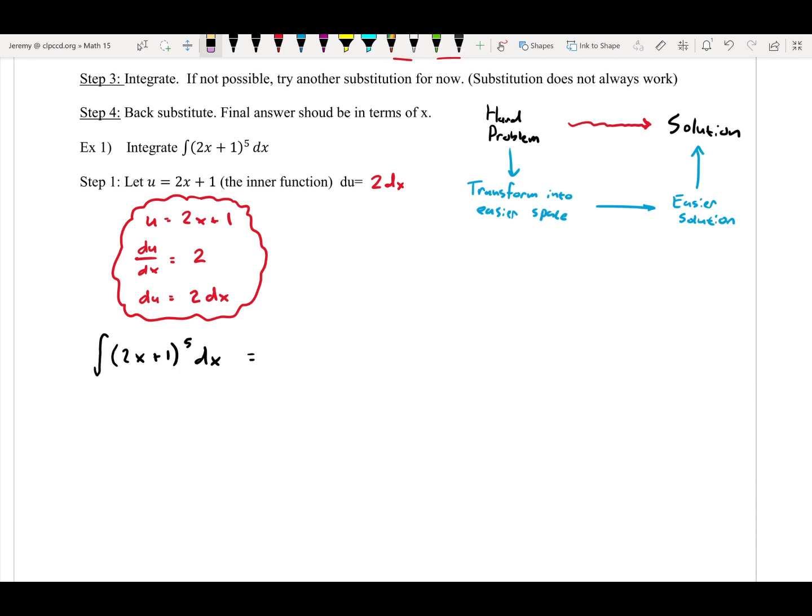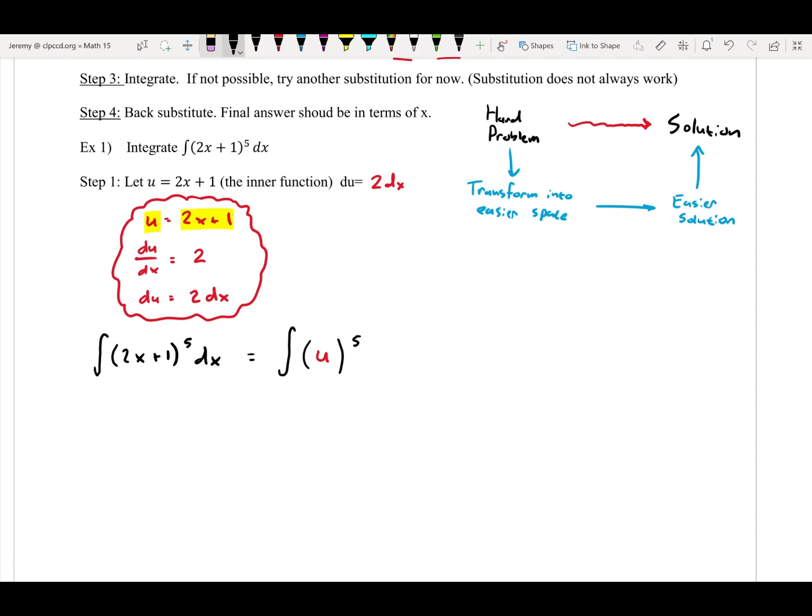So how do I write this all in terms of u? Well, u is just equal to 2x plus 1, and du is equal to 2 dx. So I can take this information and replace 2x plus 1 with u. So then it'll be u to the fifth. And now how about dx? What am I going to replace dx with?